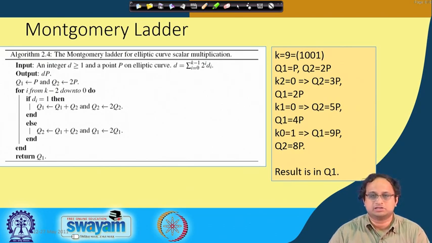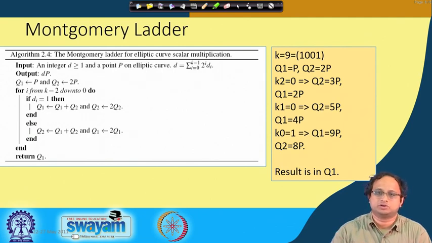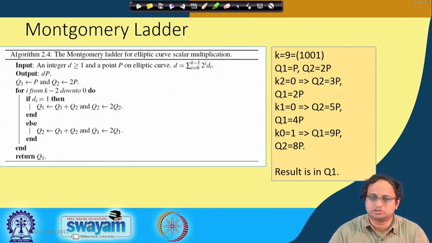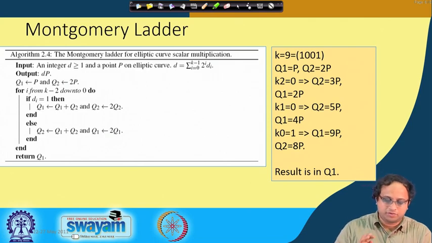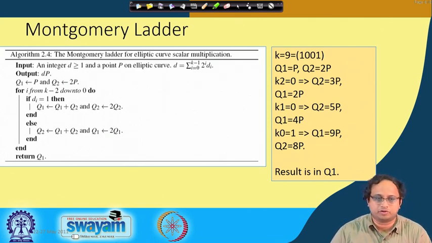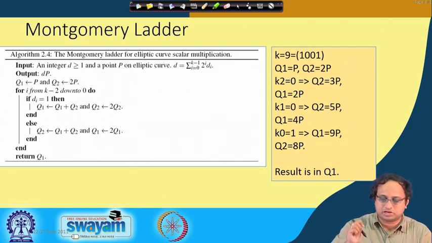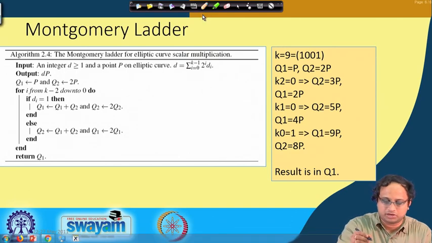If you are using projective coordinates for elliptic curve hardware, then you can do this without the y coordinates. Therefore, you can remove one of the coordinates and still implement it. But today we shall be discussing this more from the context of power attacks, but first let us have a quick look to understand how the algorithm works.